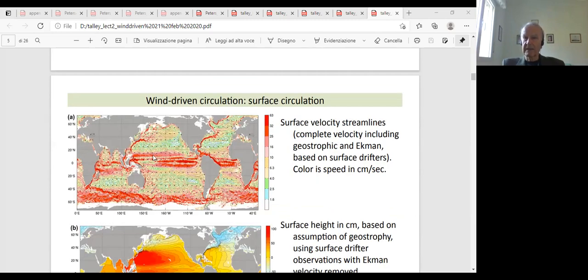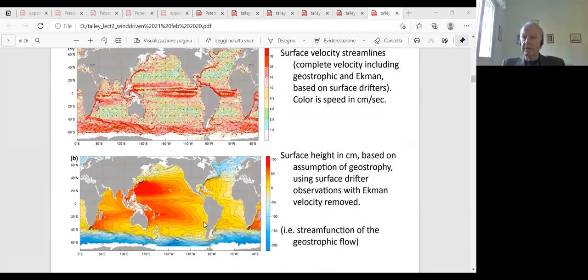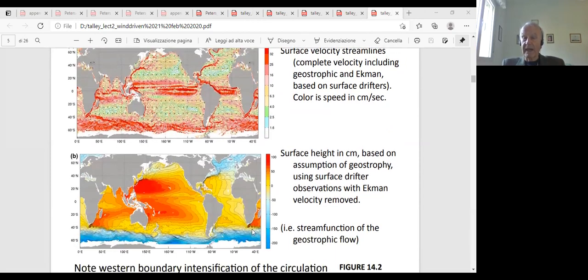Again, this asymmetry between the eastern and western parts of the world ocean, the circumpolar Antarctic current, the equatorial current, everything is present. And this surface height is the same thing I already showed you.